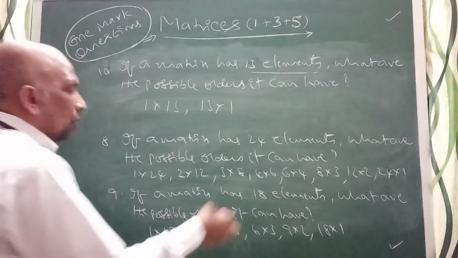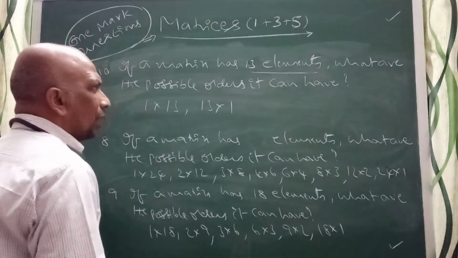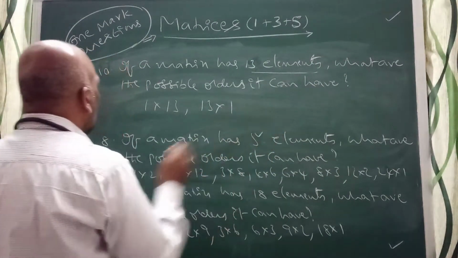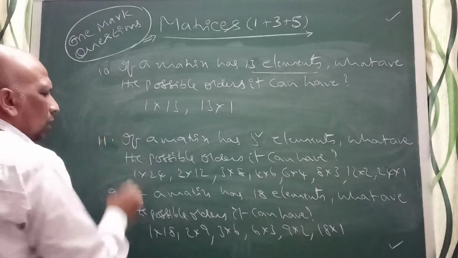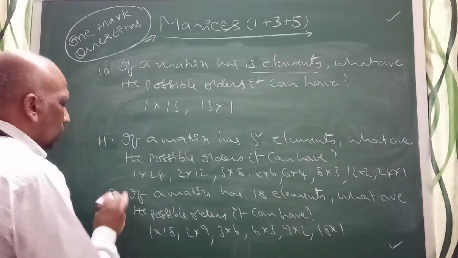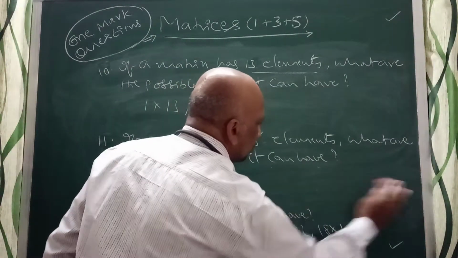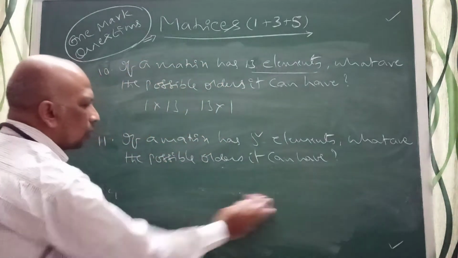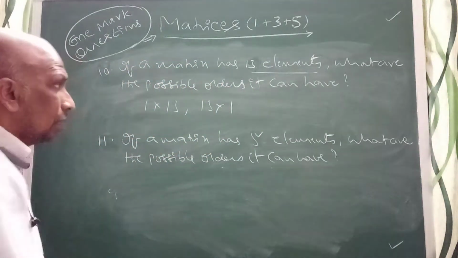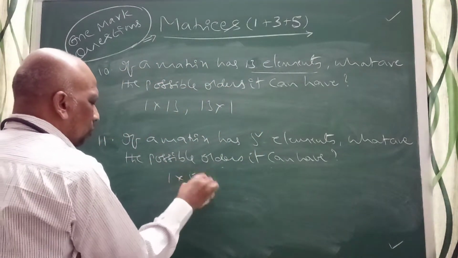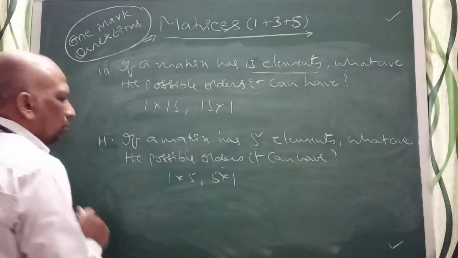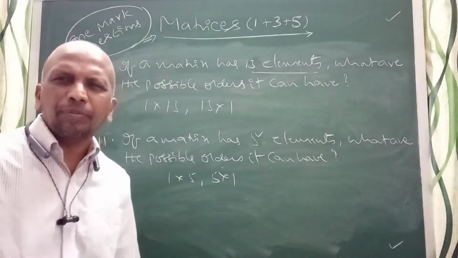Suppose it has only 5 elements, question number 11. What are the possible orders it can have? 5 is a prime number, so the possible orders are 1 by 5 and 5 by 1.